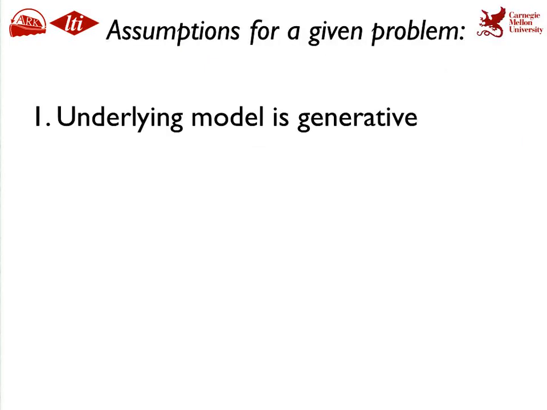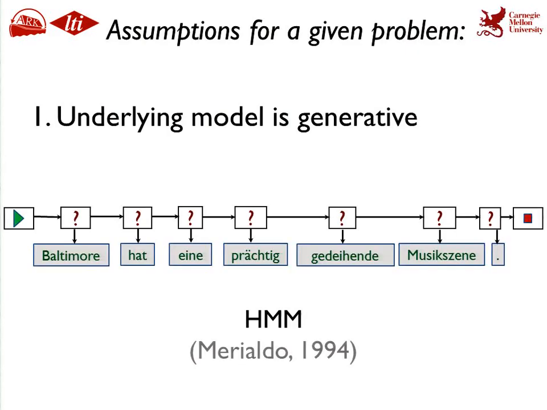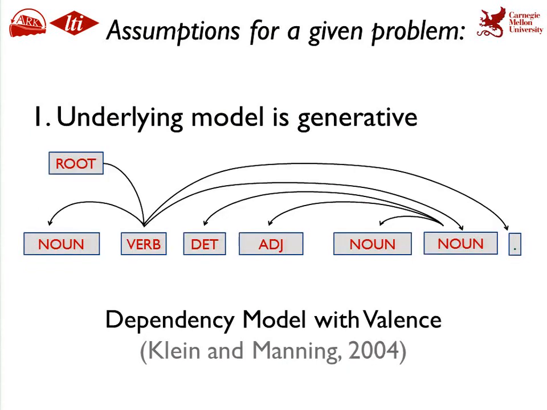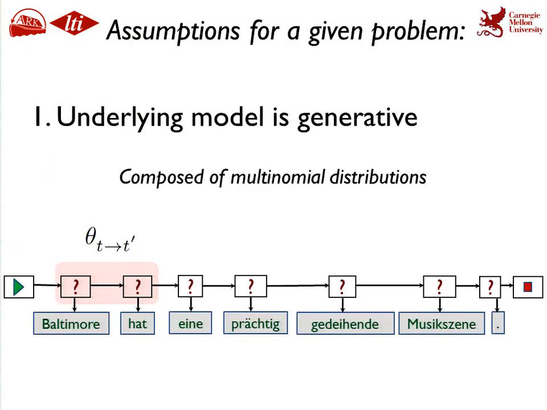So the first assumption: it can be any task, we have tested it on 2 problems. The assumption is that the underlying model is generative. So for example an HMM like we saw before, or the dependency model with valence, which is a popular model for grammar induction. Okay, so we know that these models are composed of multinomial distributions. For example, for HMMs the transition probabilities are there, which we call theta.